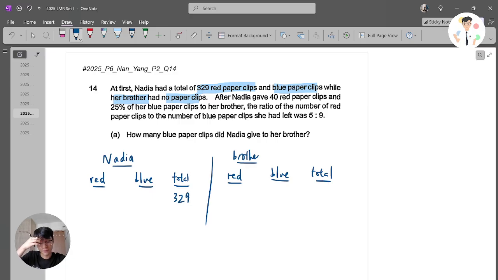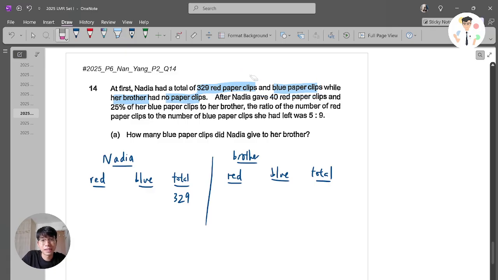Okay? And remember, they use the words red paper clips and blue paper clips. Means that I don't know exactly what is the red, what is the blue, but the total is 329. Now, what happened next is Nadia gave 40 red paper clips to the brother. So here, I don't know how many, but now I minus 40.